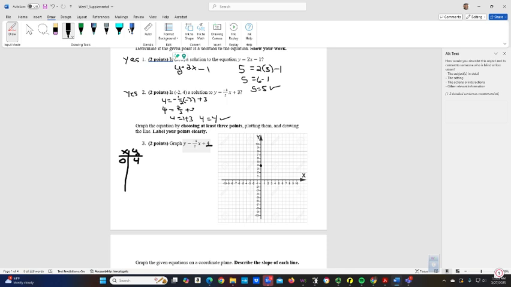If this was a 3, I would use values that are divisible by 3: 3, 6, 9, 12, and so on. So I'm going to just say 2 and -2 for my solutions for x. And now I'm going to just solve that. So y is going to equal -1/2 times 2 plus 4.